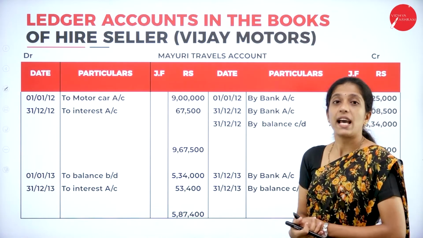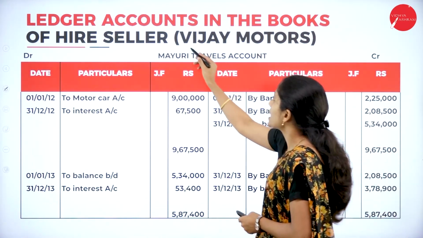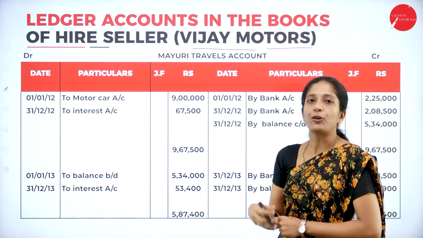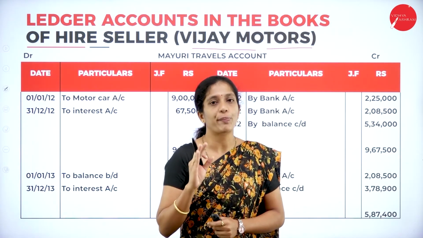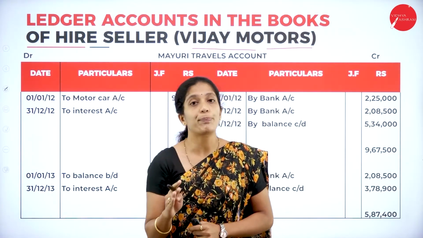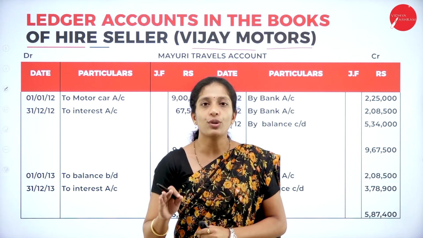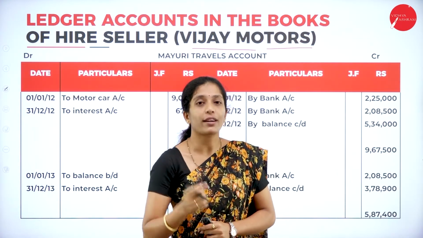Next, we shall prepare ledger accounts in the books of hire seller. Here, hire seller is Vijay Motors. Clear? Now, how to prepare ledger accounts in the books of hire seller? Here, we are going to prepare only two accounts, that is hire purchaser's account as well as interest account. No need to prepare depreciation account because the asset is not there in the business.